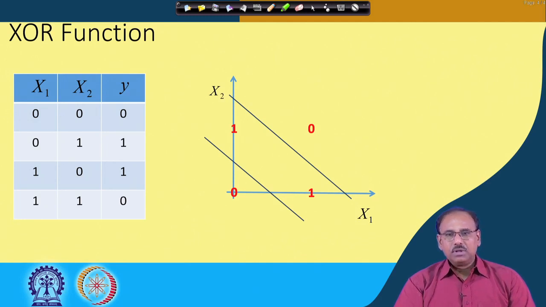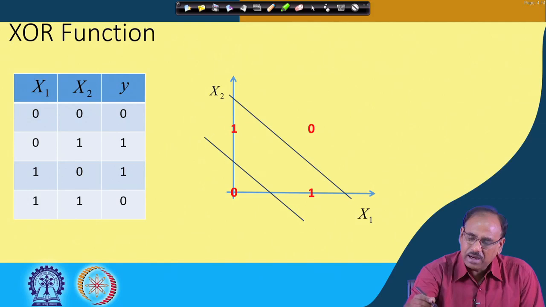All of you know that in case of XOR function, when the inputs are 0 0, that is both x1 and x2 are zeros, the output is 0. If both of them are 1s, that is x1 is equal to 1 and x2 is equal to 1, then also the output is 0. Only when x1 and x2 are different, that is in case of 0 1 or 1 0, the output will be 1. So, that is what I have in case of XOR function.